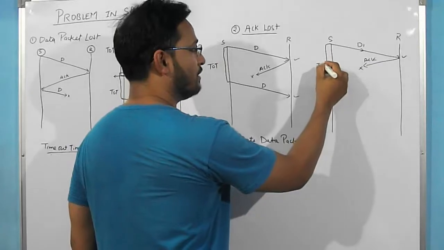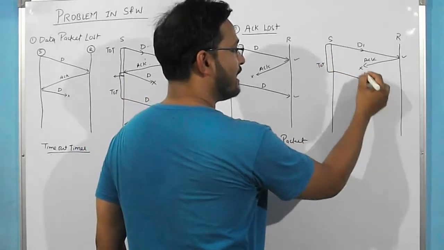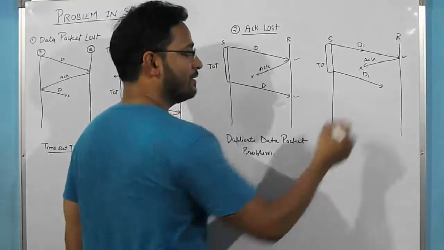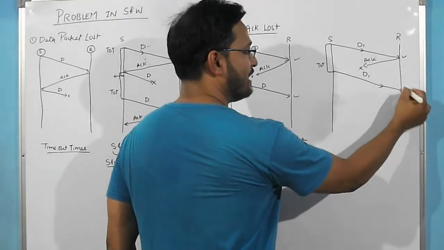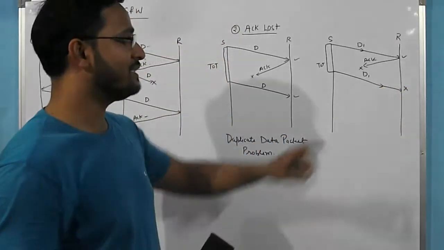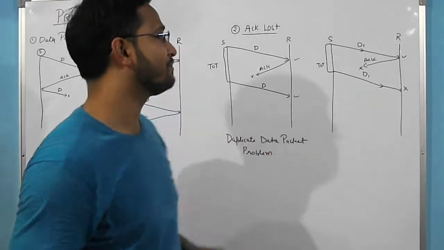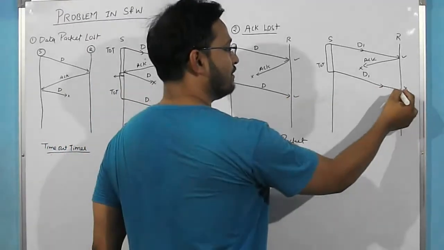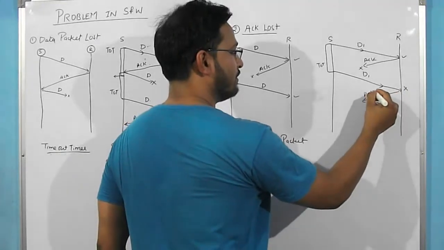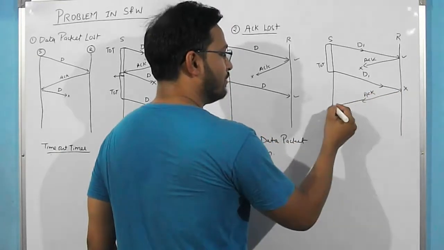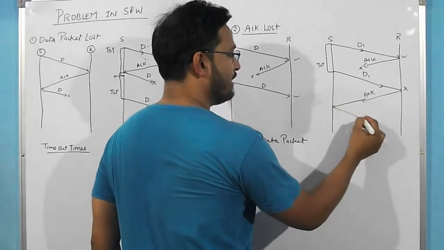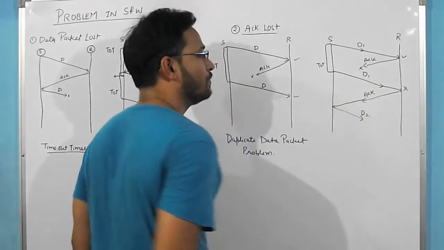After the timeout timer, sender resends this data packet 1, and receiver rejects this data packet because receiver knows that this is a duplicate data packet, and receiver sends acknowledgement. Sender receives the acknowledgement and sends data packet 2.